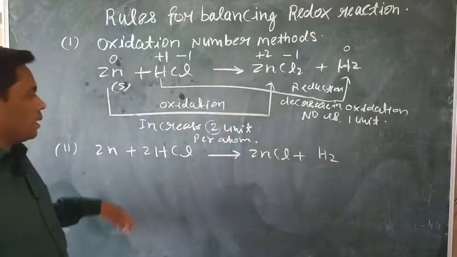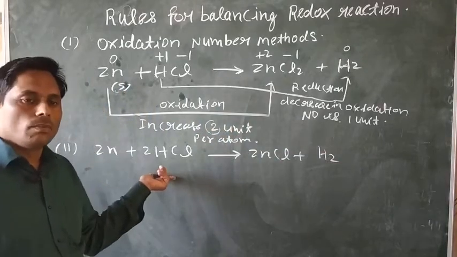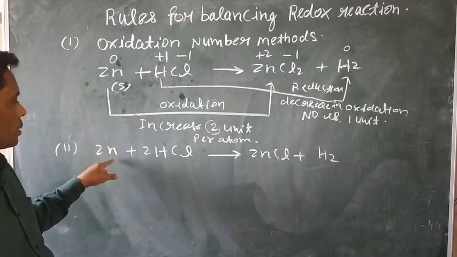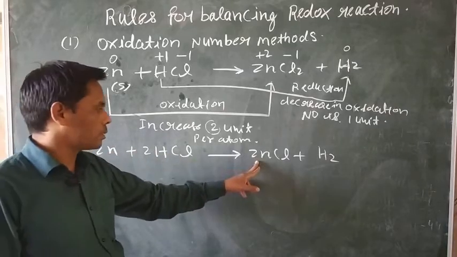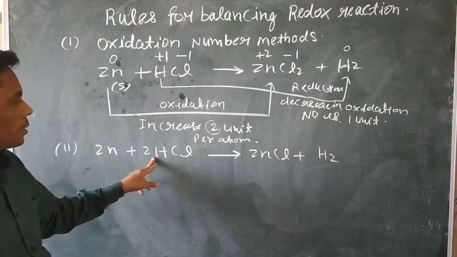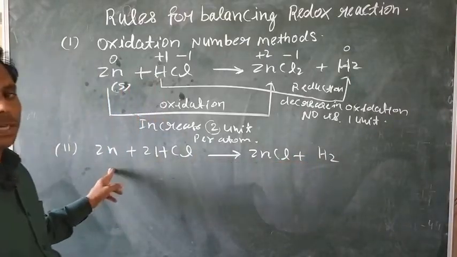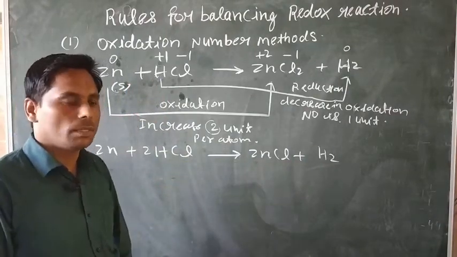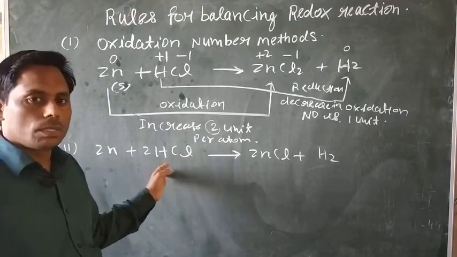In the next step, we balance the atoms which undergo change in oxidation number, here zinc and hydrogen. Zinc has 1 atom on the left side and 1 on the right. Hydrogen has 2 atoms on the left and 2 on the right. After balancing those, we balance the other atoms, hydrogen and oxygen.